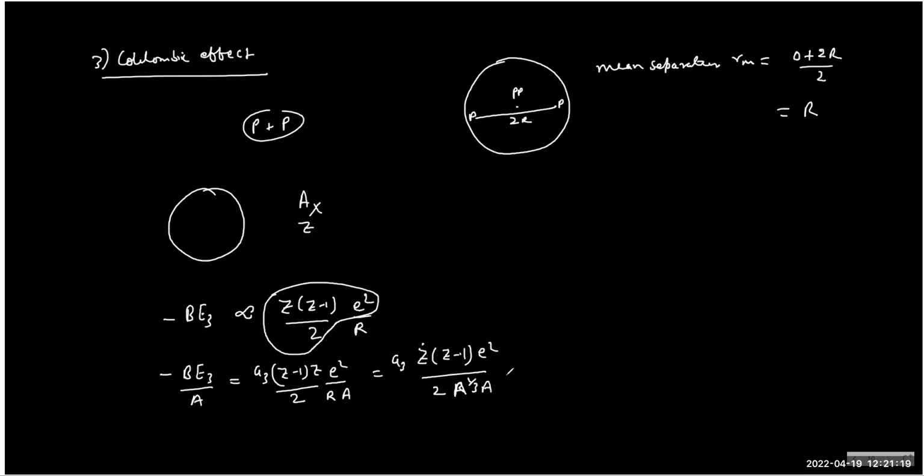So this becomes A3 into Z into Z minus 1 by 2 into A power minus 4 by 3, right? I think A3 into E square we can keep as a constant. Generally, it is written like this: A3 is Z into Z minus 1. They just write some value and ignore some terms.